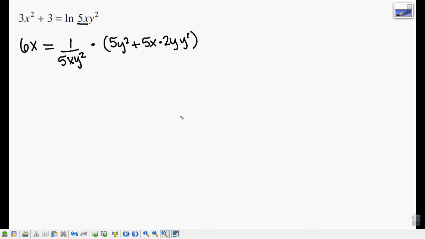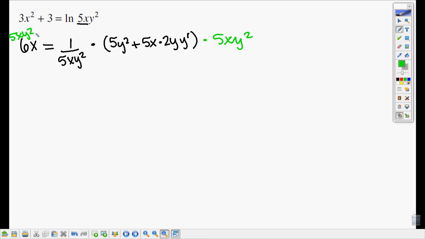Okay? So I would probably multiply both sides first by this 5xy squared to get it out of the bottom and away from what I need to isolate, my y prime. So that's going to give me 30x squared y squared is equal to 5y squared plus, just a little cleanup here, 10xy y prime.